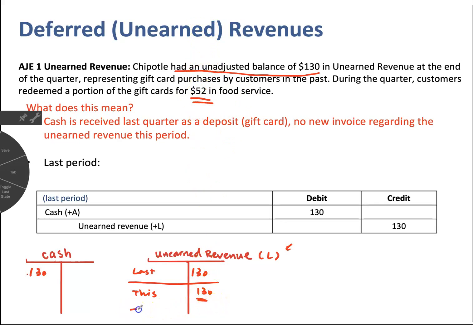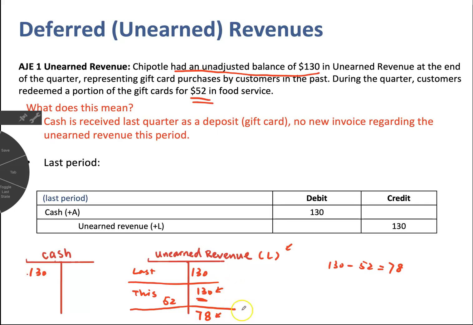How much do we owe someone else? We owe them basically 130 subtracting 52. That's 78. We owe them $78, which means the correct balance of your unearned revenue should be $78 rather than 130. Now it connects the dots for you, right?